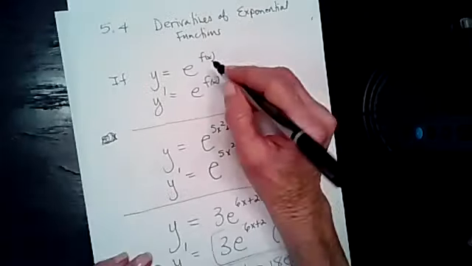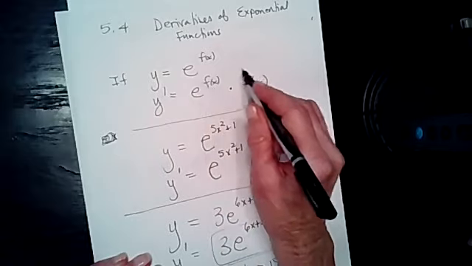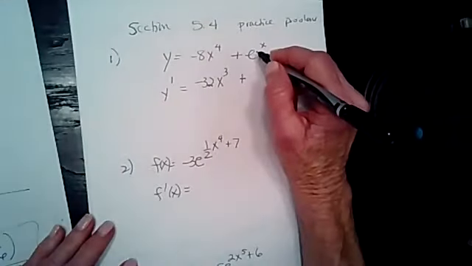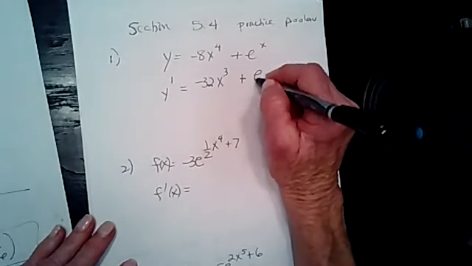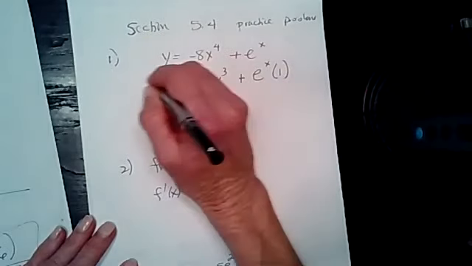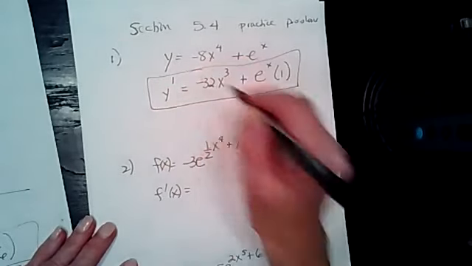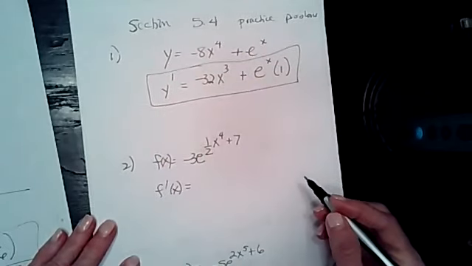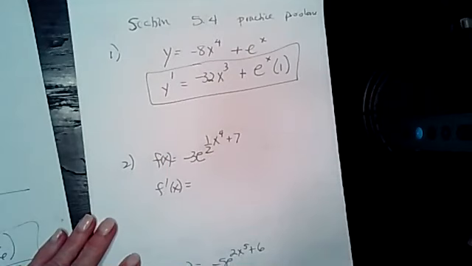If you have e to a power, the derivative is e to the power, the exponent never changes, and you multiply it by the derivative of the power. So the derivative of e to the x is e to the x times the derivative of x, which is 1. You don't have to put the 1, I'm just showing you that I took the derivative of the power.